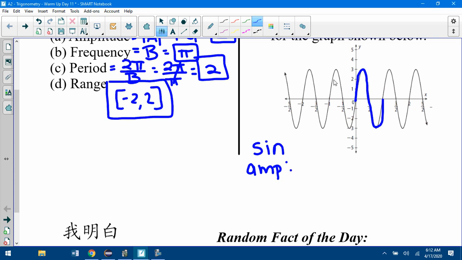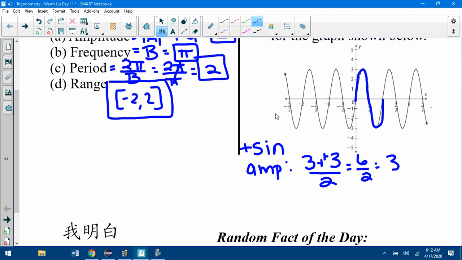There's two ways to do it. How far above and below the midline does it go? It's 3. Or you can do max minus min divided by 2. So 6 over 2 is 3. Does it need to be reflected? Not this time, because sine goes up first normally, and this one does too, so it's a positive sine.